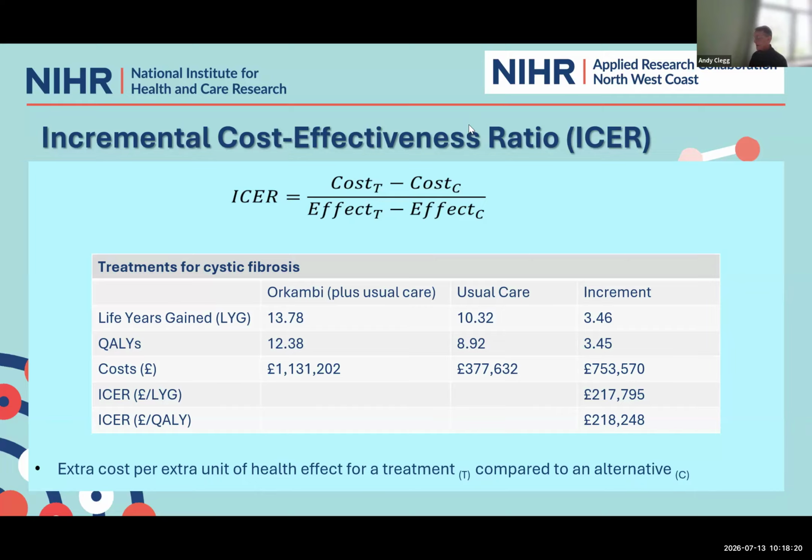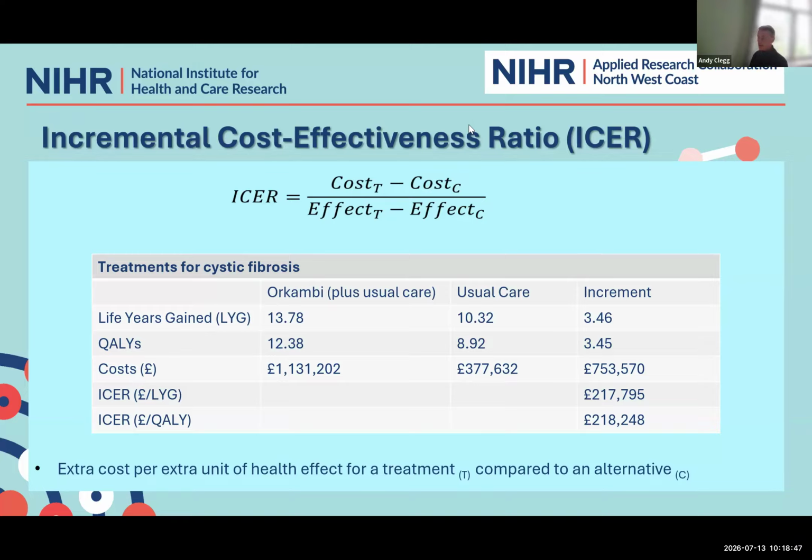And that gives a figure that can be interpreted in terms of which one is the best one to choose. You can use it from the point of view of QALYs for cost utility analysis, or something like life years gained for cost effectiveness analysis: what you get for one more QALY or one more life year gained for that particular cost.